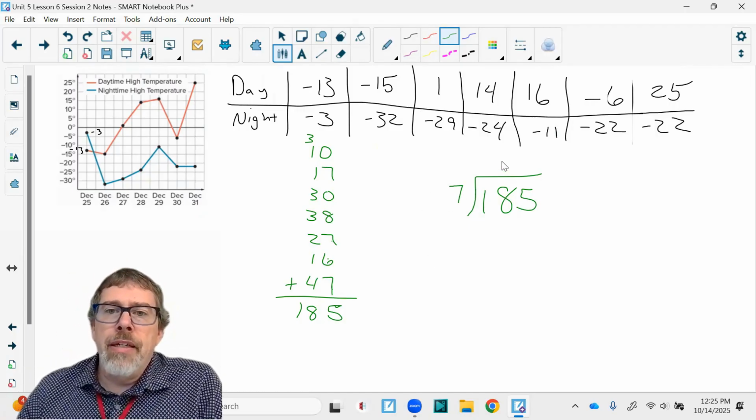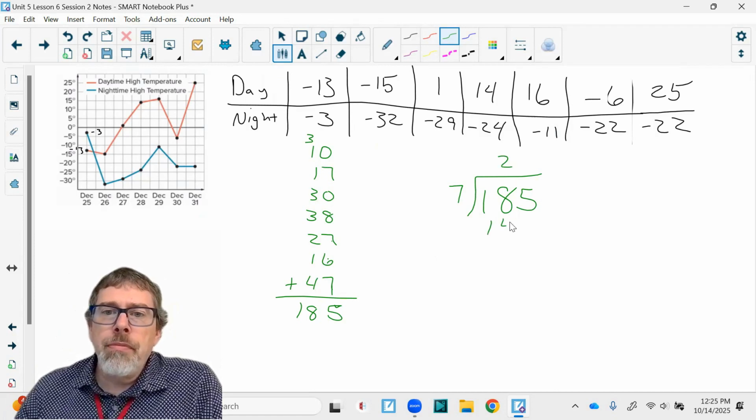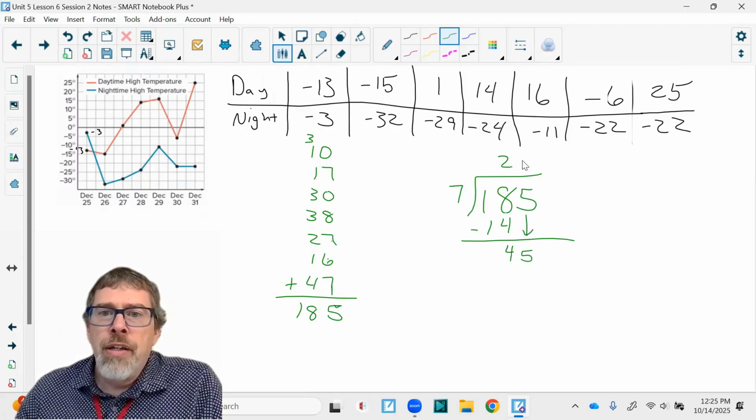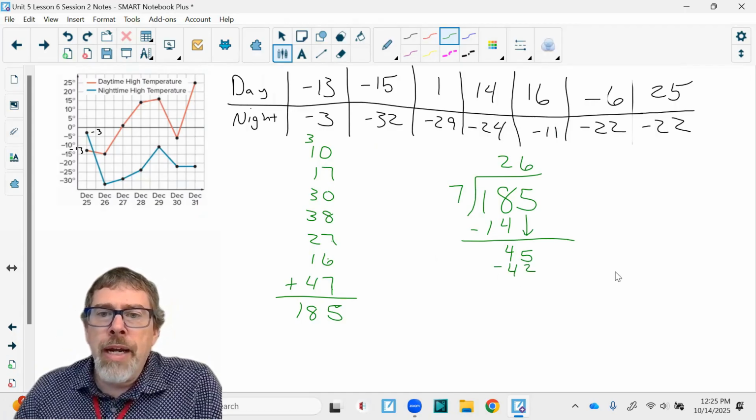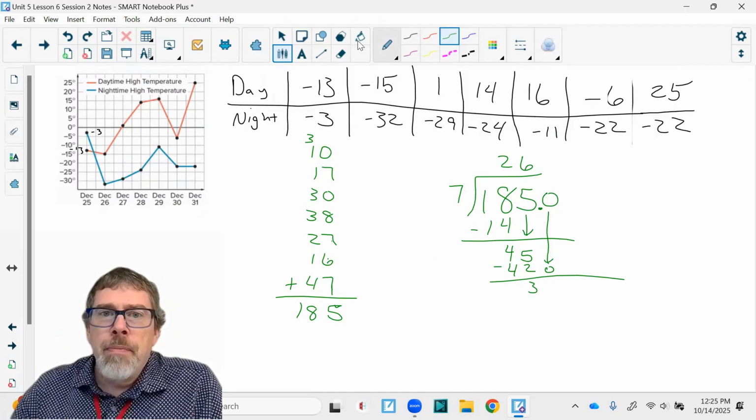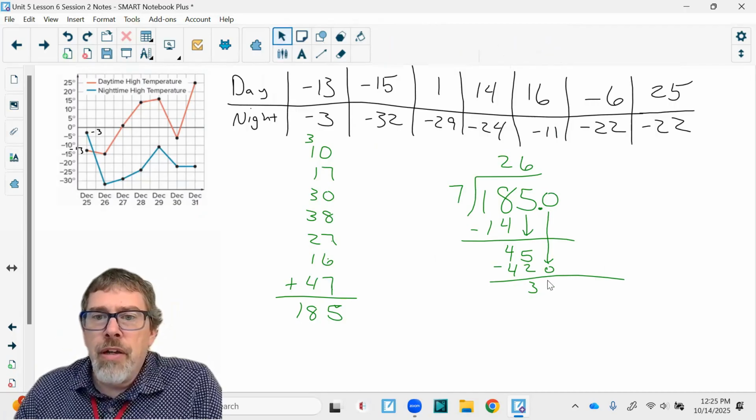7 goes into 18 2 times, giving me 14. 8 minus 4 is 4. Bring down the 5, 45. 7 times 6 is 42. Subtract. Need another 0 here to bring down. And 5 minus 2 is 3. And I didn't bring this down far enough.